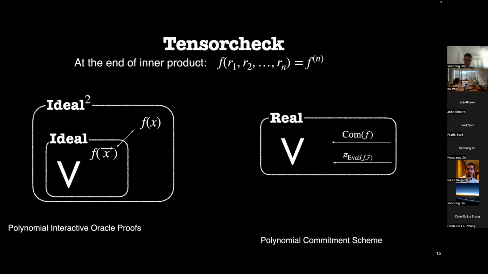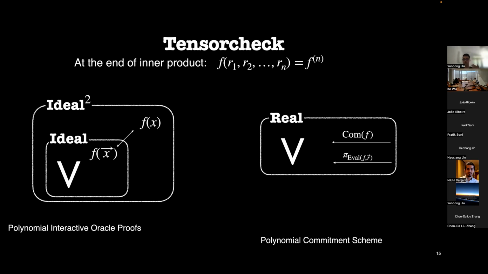And the second is that by using this Tensorcheck and some latest batching technique in the KZG, we can actually reduce the verification cost. If we use the multivariate polynomial commitment scheme directly, it will incur a log n evaluation proof, containing log n group elements, and the verifier will require log n pairings.